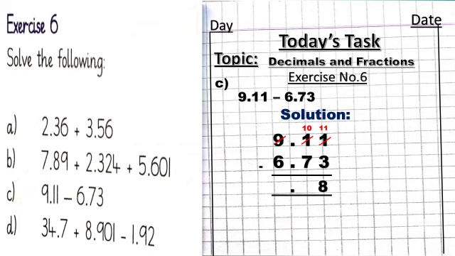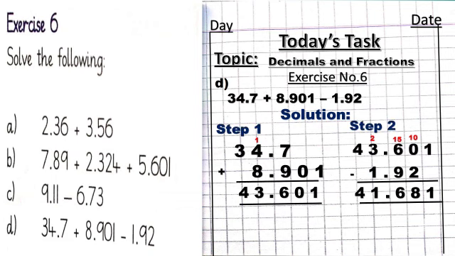And this one will become 10. Now after subtraction, we will get 3. Decimal point will shift as it is, and this 9 will become 8. Now subtracting 8 minus 6 is equal to 2. After subtracting these two decimal numbers, we will get 2.38.